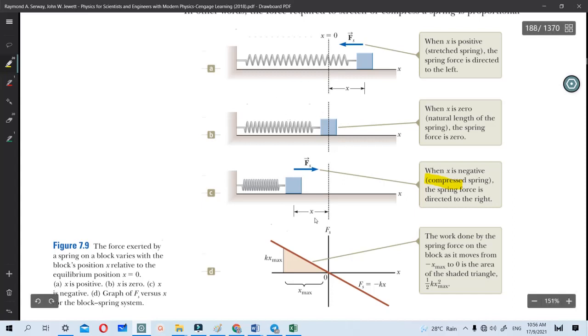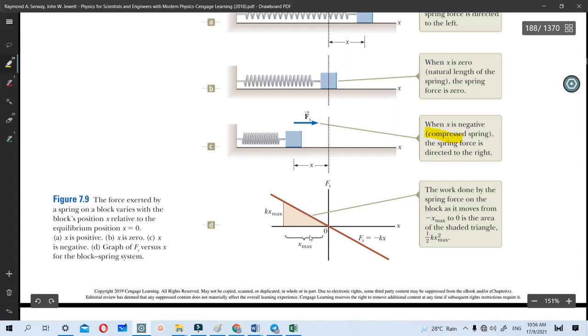So you find that the displacement and the force are always opposite to one another. This one is to the left, negative displacement, but the force is a positive value, directed to the right. In short, you have a triangle to indicate the area of work.